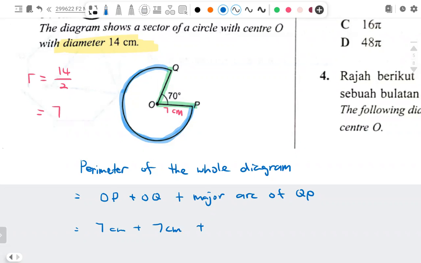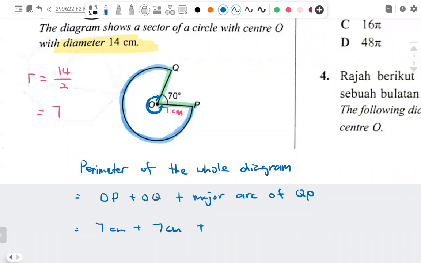Then we have to find out the angle first. The angle covered by the major arc there. If you look at the blue color curve line, that line is subtended by the angle here. So what is the angle over there? From here to here, what is the angle?